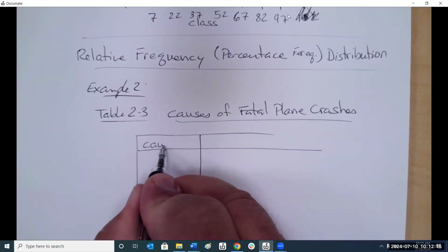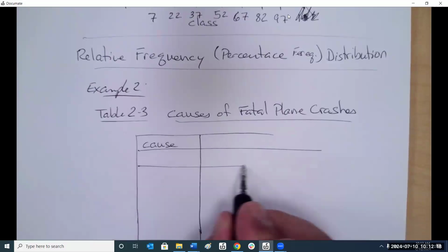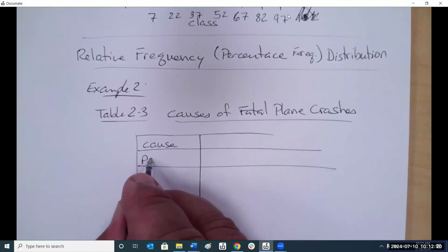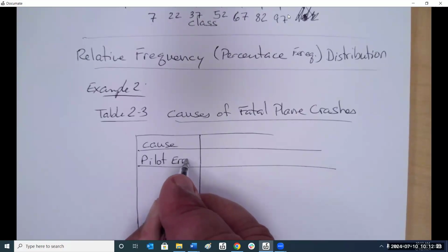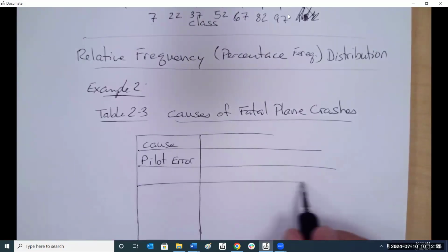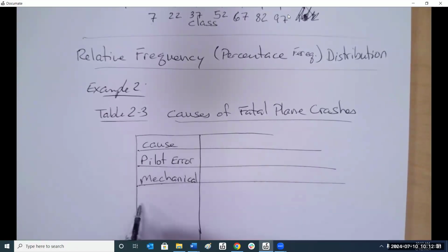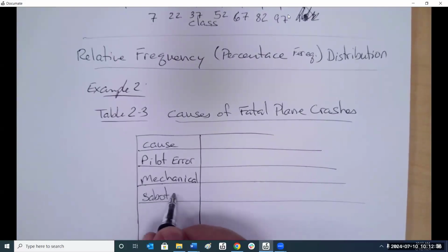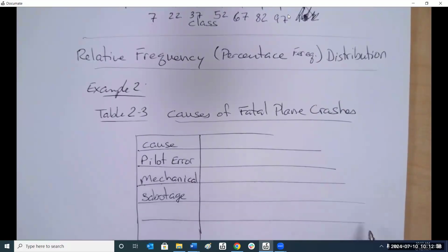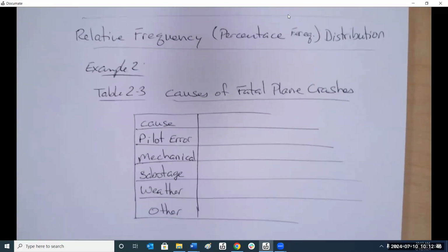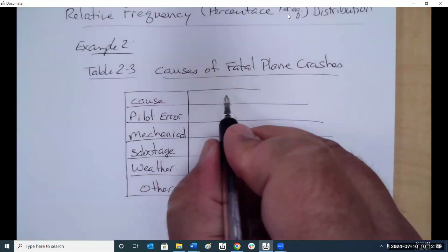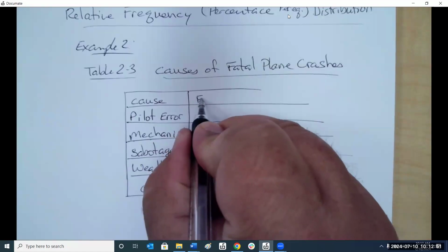Here's our cause: pilot error, mechanical, sabotage, weather, and other. And it's given us our frequencies.